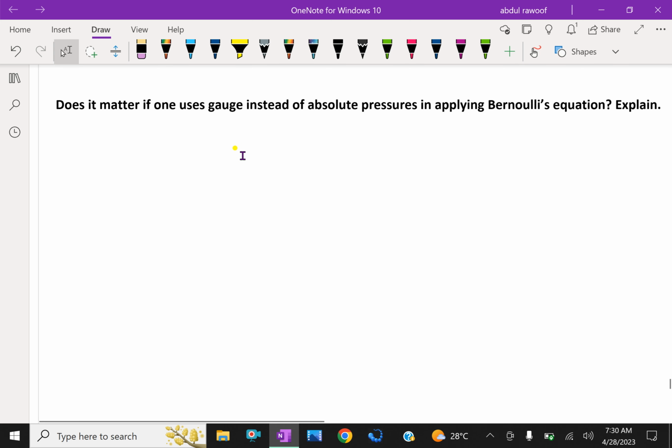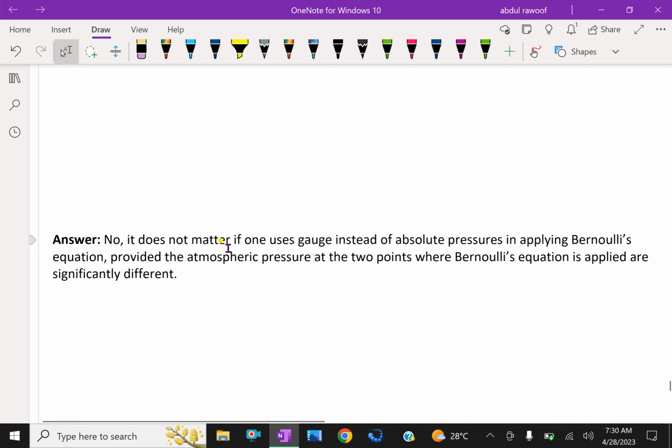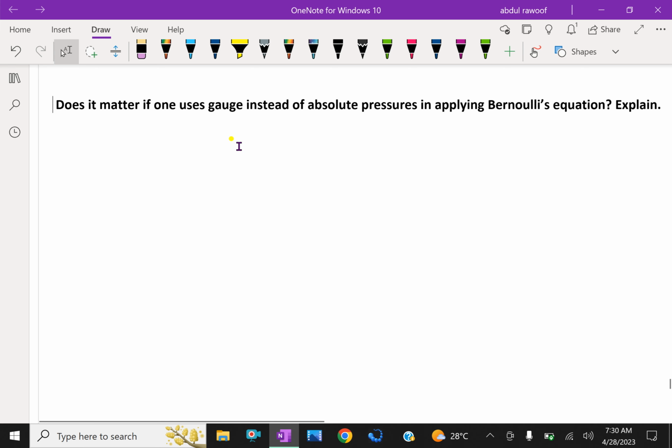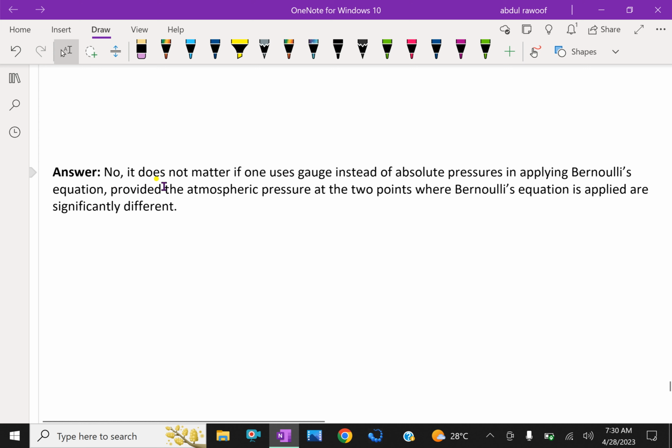It does not matter if one uses gauge pressure instead of absolute pressure in Bernoulli's equation, provided the atmospheric pressure at the two points where Bernoulli's equation is applied is not significantly different.